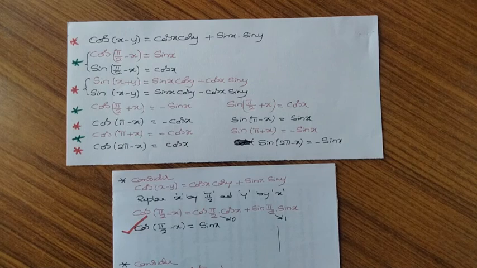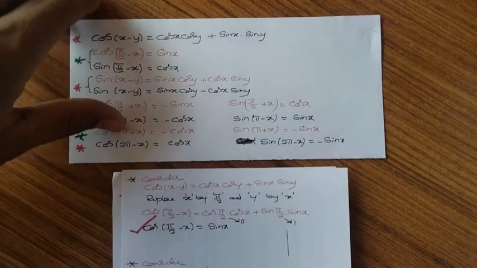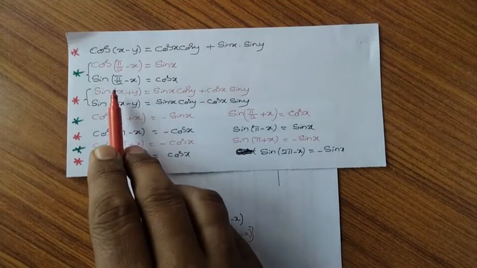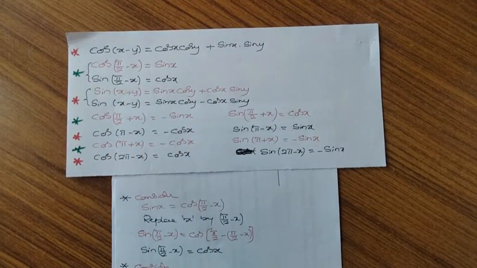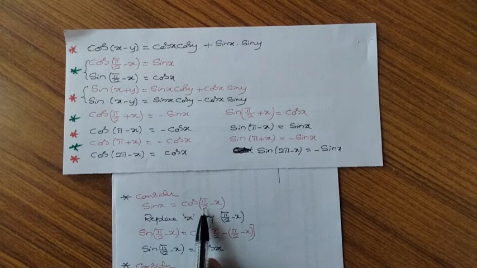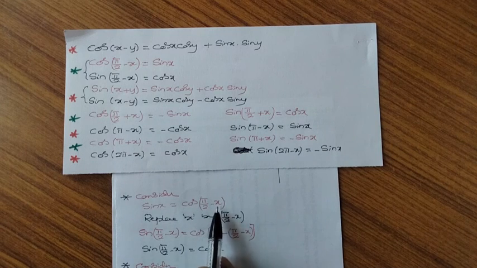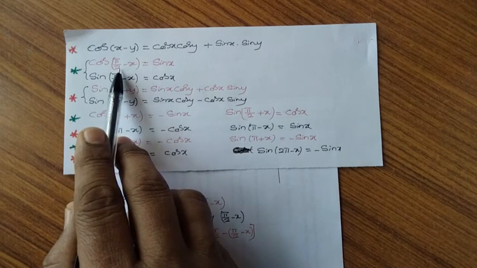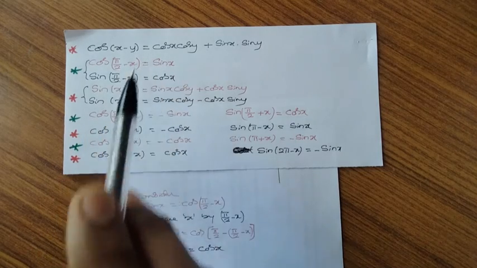Okay. Next, let us move to the next result. We are going to prove that sin of 90 minus x equals cos x. To prove this, we consider sin x is equal to cos of pi by 2 minus x. Just now we have observed that result, so I am going to use it.